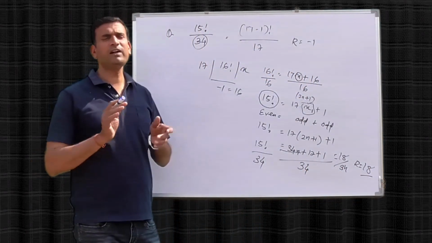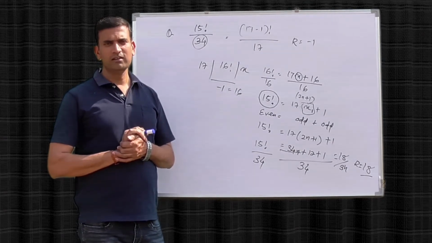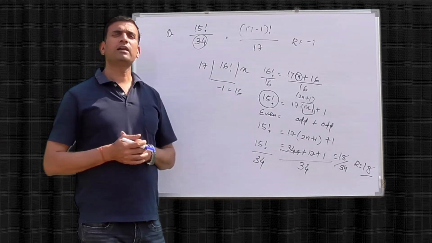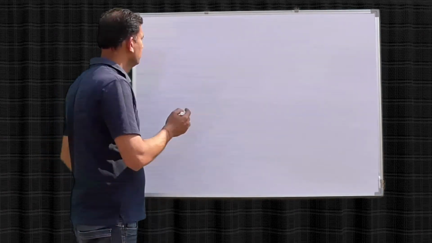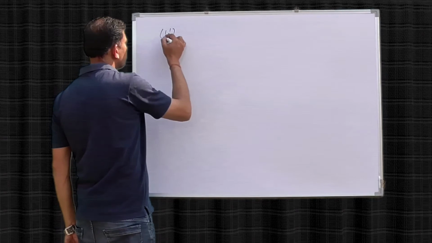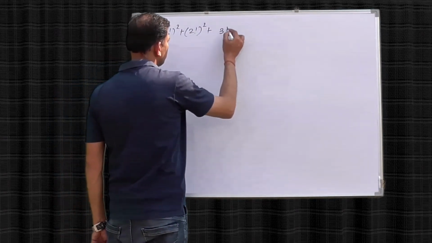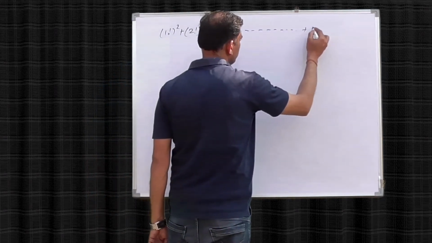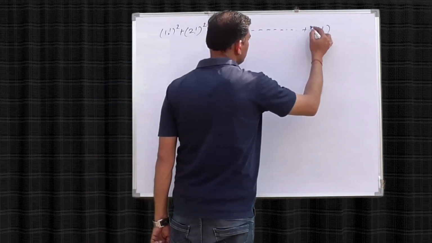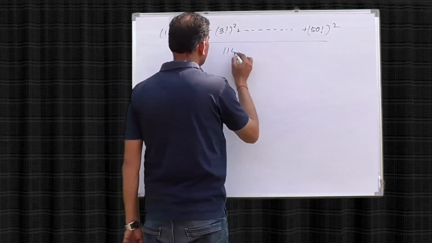This is a different way to find out the result. Okay. Now we'll try the last example. Now the question is 1 factorial square, 2 factorial square, 3 factorial square up to 50 factorial square divided by 1152.